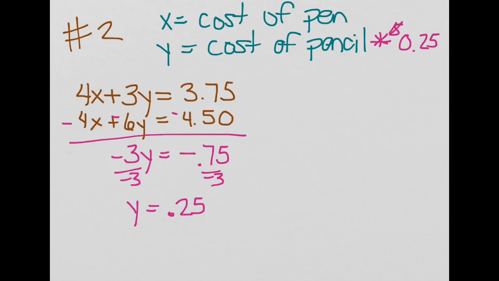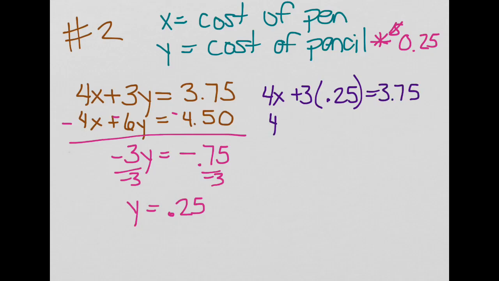But we still need to know the cost of the pen. So I'm going to plug the cost of the pencil, 0.25, back into either one of the equations to find the cost of the pen. I'm just going to do the first one. Let's plug it back in. 4x plus 3 times 0.25 is going to equal $3.75.